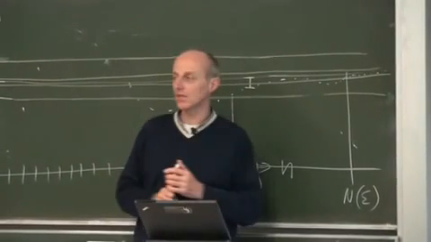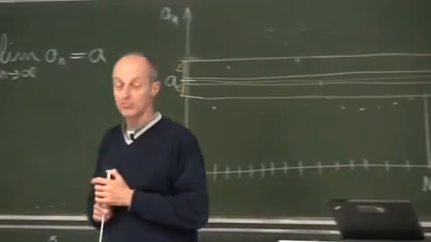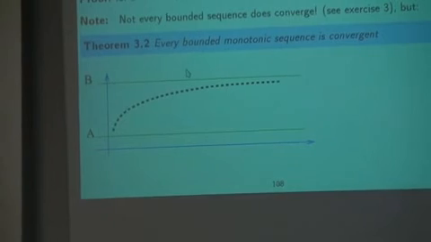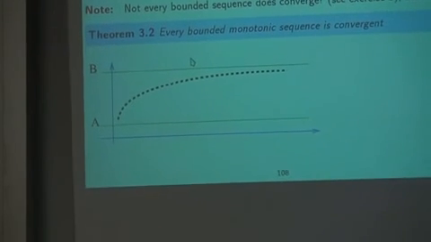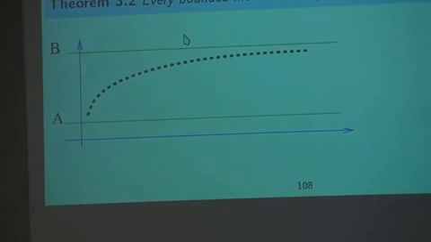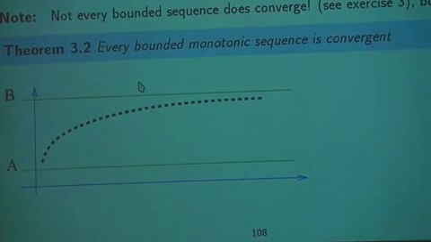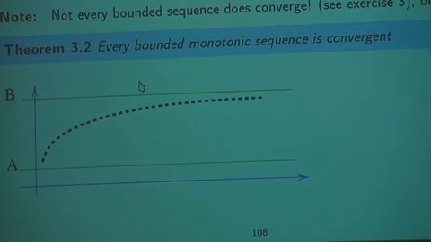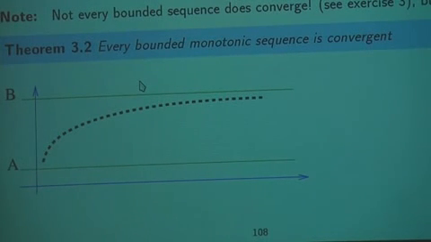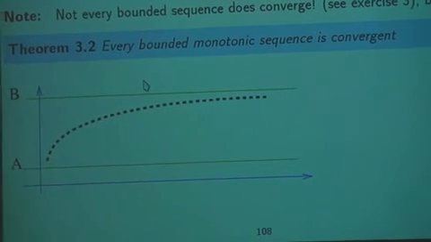Why is such a sequence convergent? Maybe it helps to look at this picture. We don't need the full formal proof, but the idea of the proof.